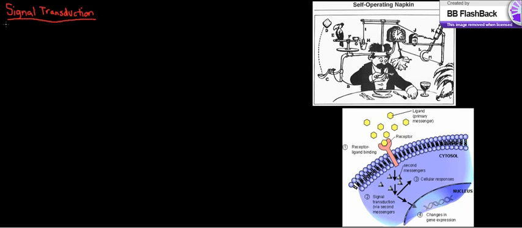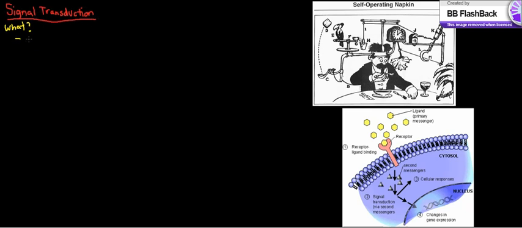So the first question I want to ask you guys is: what in the heck is signal transduction? Well, I'm going to throw some jargon out there because I'm assuming those of you watching this do have a background in biology and chemistry.